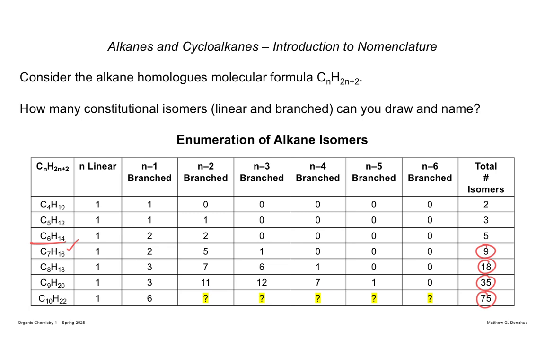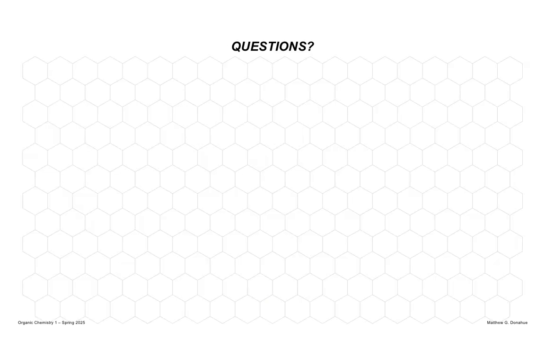So the question marks I didn't bother to do. The problem with this is as you fill in these columns, it's making sure that you haven't proposed something you've already drawn, and it gets thick pretty quick. But it's a good exercise to help you understand the nomenclature rules. Any questions?